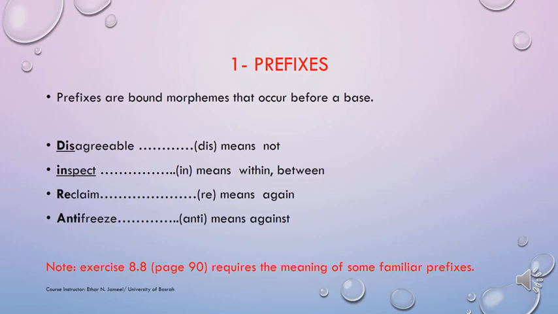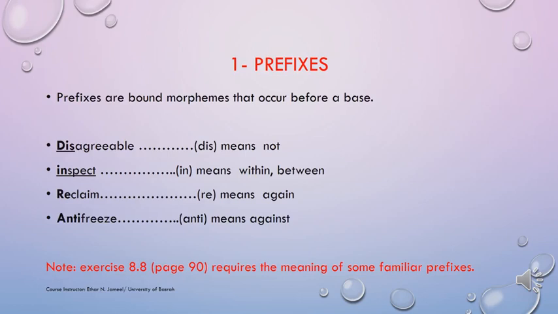Spect is also a bound morpheme. It comes from other languages like Latin or Greek. It means look. So we have two bound morphemes with no free morpheme. Now we come to the second classification, bases and affixes. Which one is a base and which one is an affix? Because we should have a base in the word. The principal meaning of the word is carried by in or by spect.